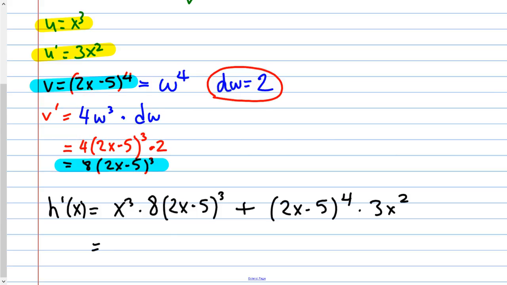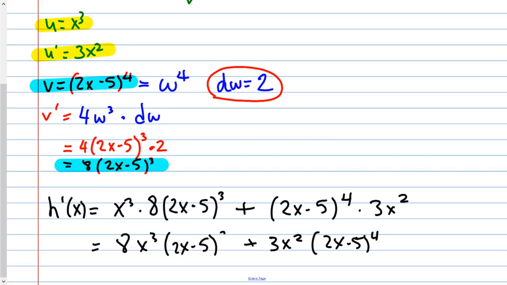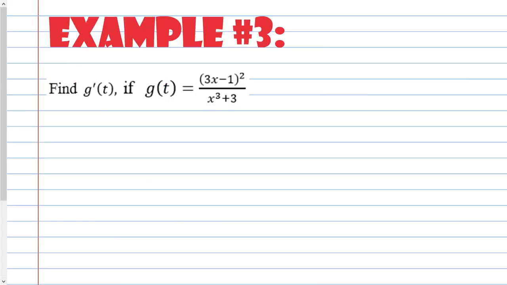I would just bring the scalars, the numbers that are being multiplied, the coefficients, to the front. Any loose variables to the front, for example, the 3x squared should be in the front, and then that could stay like that. And then 8 should come to the front, and that's it. We're not going to simplify this any further, but that is the chain rule with product rule.